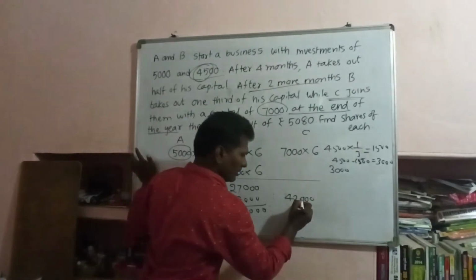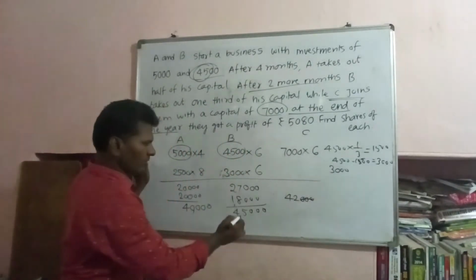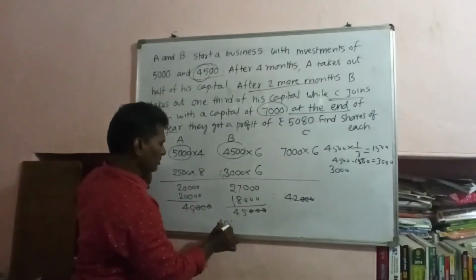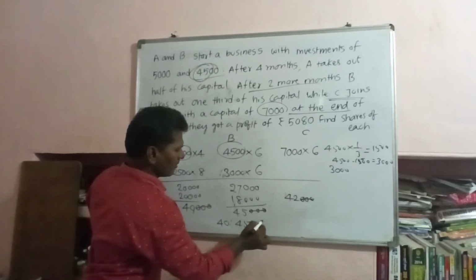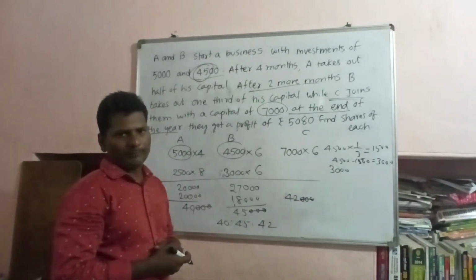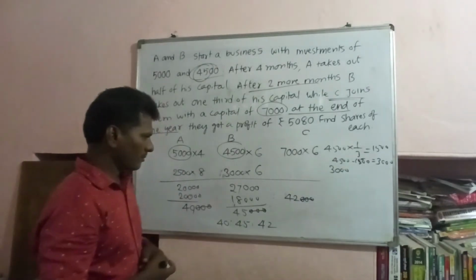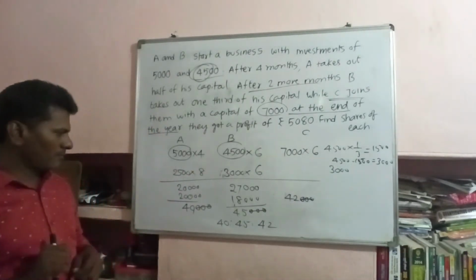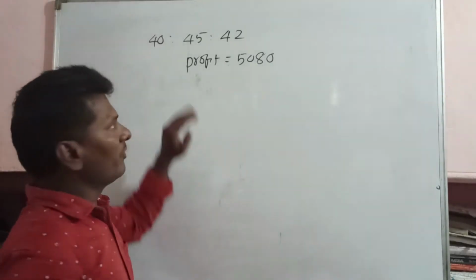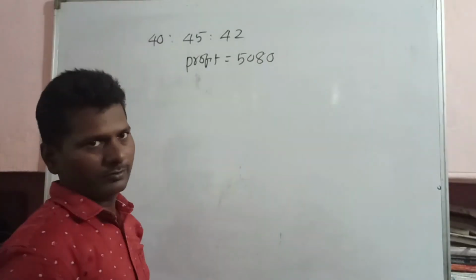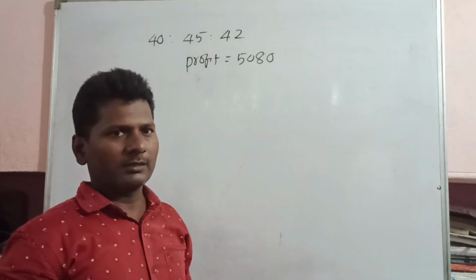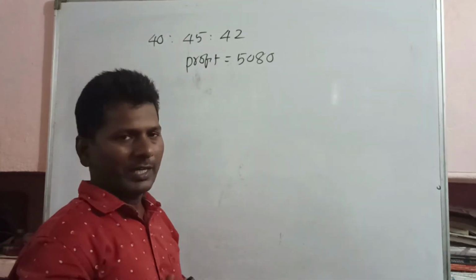Now I am eliminating 3 zeros. 3 zeros get cancelled. I am left with 40 is to 45 is to 42. In this ratio, the profit should be divided. At the end of the year, they got a profit of 5,080 rupees.